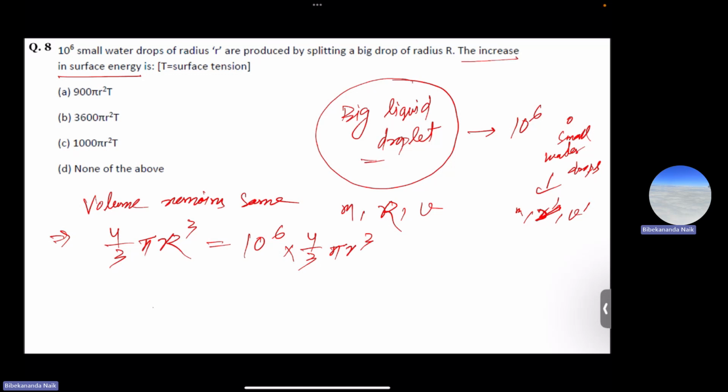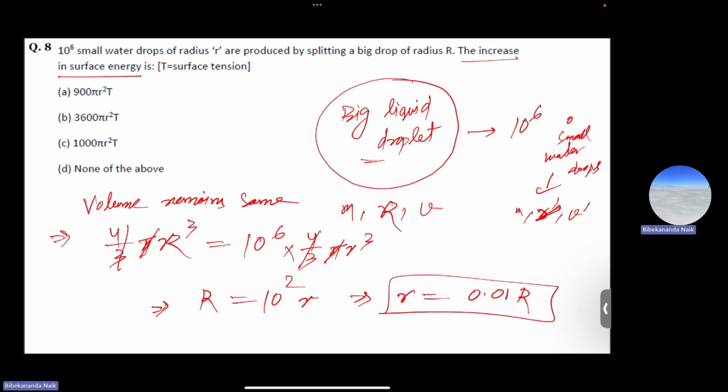So when we calculate, 4 by 3 gets cancelled out, pi gets cancelled out. So R will be 10 to the power 2 into small r, or small r will be 0.01 into capital R.